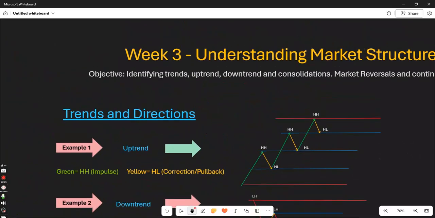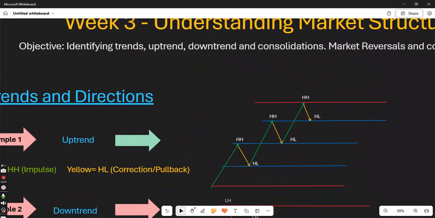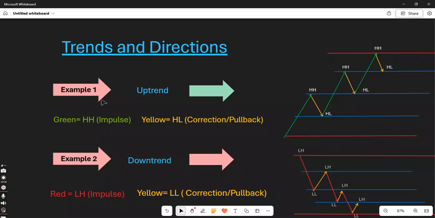So let's just go ahead and get into it. I don't want to make this super long because this is very simple information that you need to know. So you have the uptrend, which is pretty much the buyer's market, and the green arrows represent the impulse, yellow represents the pullback, and it also represents what part of the market structure it represents.